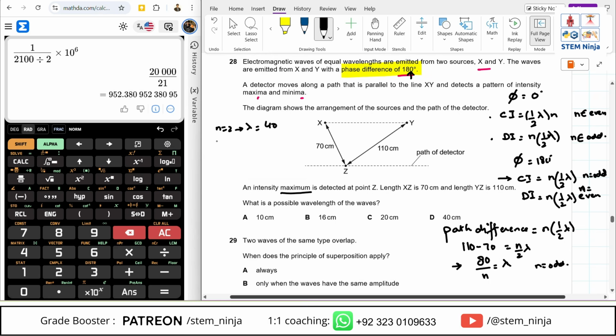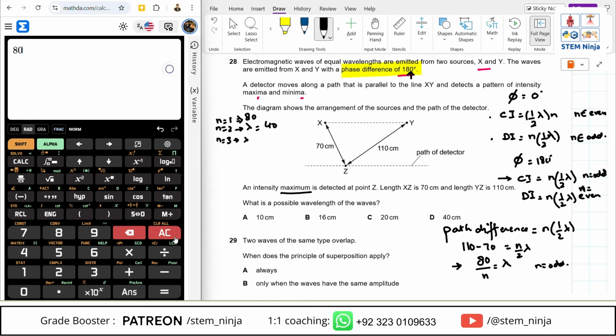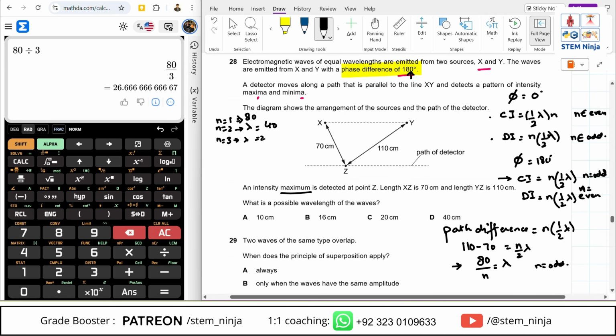right? However, if n was 1, it would have been 80. If n is 3, lambda would come out to be 80 divided by 3, 26.6. If n was 4, lambda would come out to be 80 divided by 4, 20. Again, we are not even considering them, but just to play around with this.